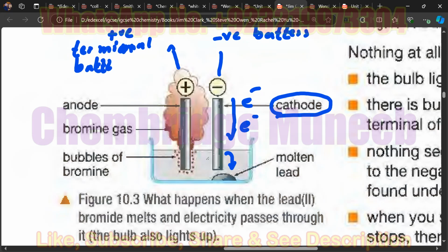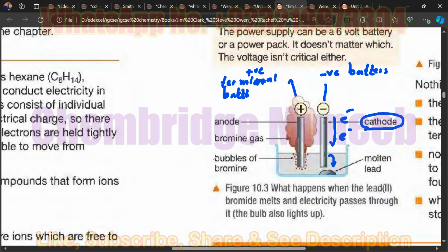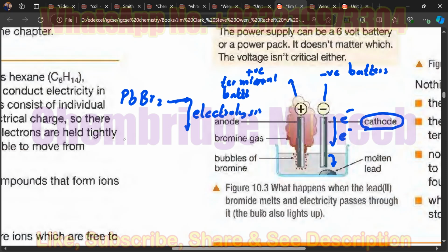So basically, I'm going to revise this portion. What we actually saw is that as a result of electrolysis, the PbBr2 converted into the Pb2+ and Br- ions.